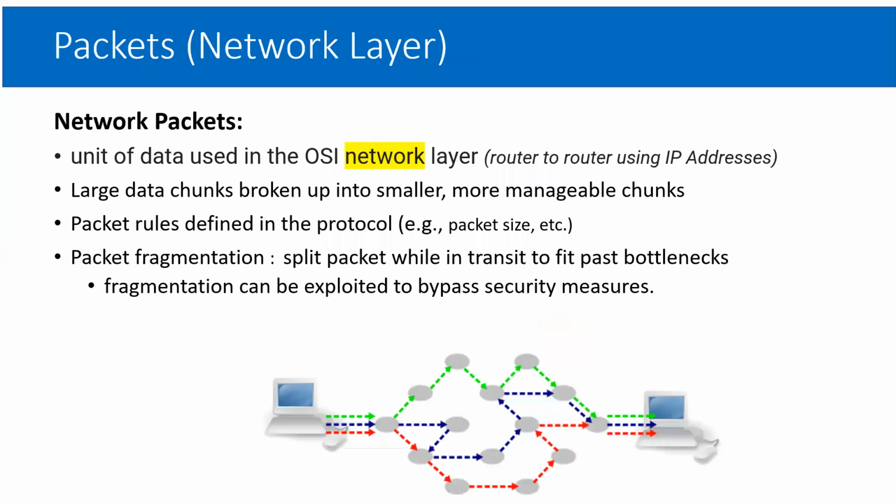Okay. We talked about packets quickly, but in the internet protocol environment, we do use packetized networks where data is broken into smaller chunks. The protocol determines the size of the chunks based on various factors. The intent is to manage it more efficiently and get it to its end destination as quickly and safely as possible.